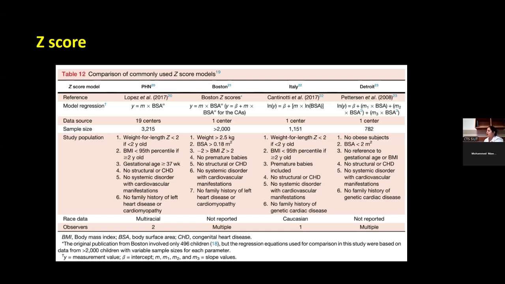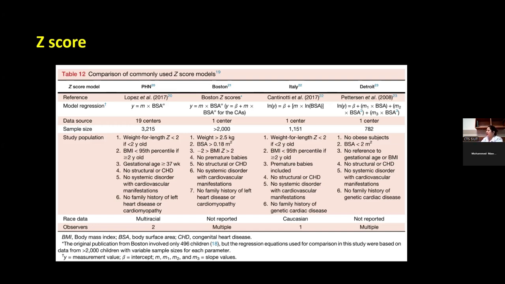If it is lower than the mean, then it means whatever you are measuring is smaller than the standard or normal population. So these are the few Z-scores.